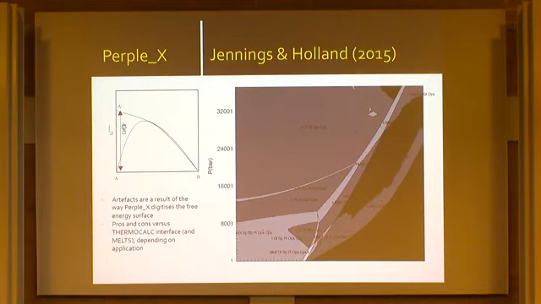Yes, there are a lot of artifacts because of the way that PerpleX, not ThermoCalc, digitizes the free energy surface. But on the other hand, there are some pros. It's something that can be generated in a semi-automatic way, if you're trying to incorporate, and we're trying to encourage people to incorporate, some thermodynamics in their models.